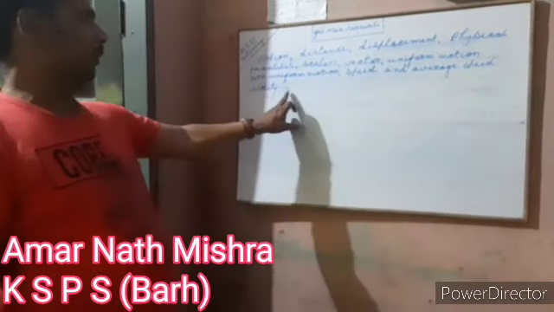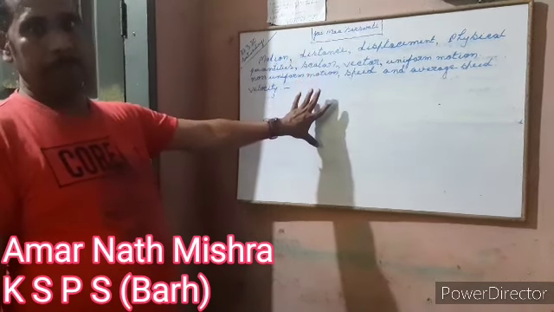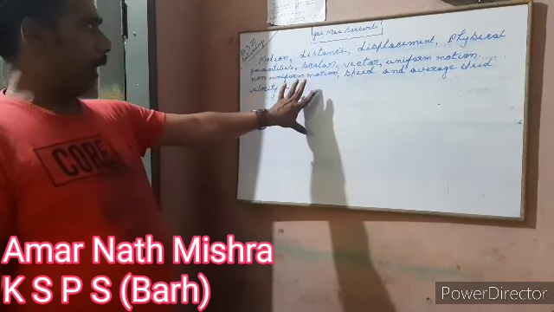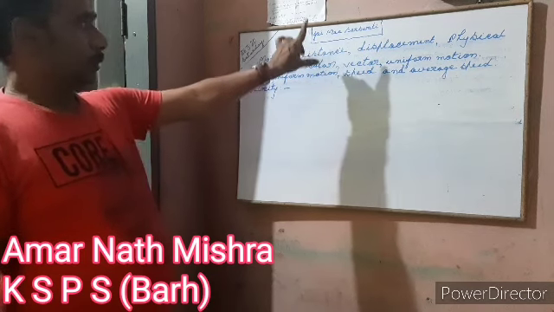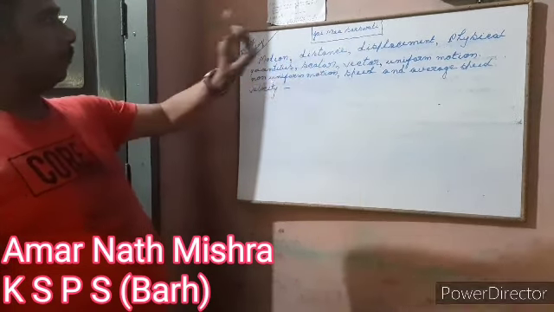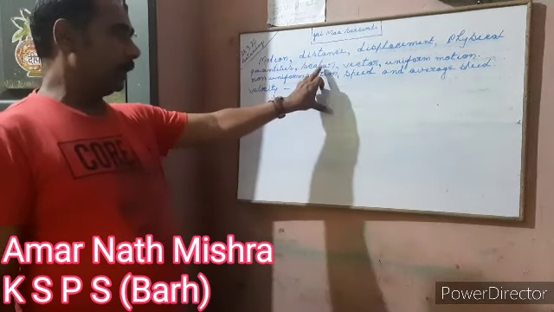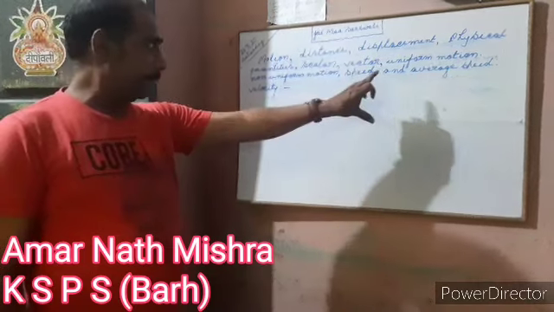That means velocity is a vector quantity. If you have understood distance, displacement, motion, non-uniform motion, then you have already understood speed and average speed.